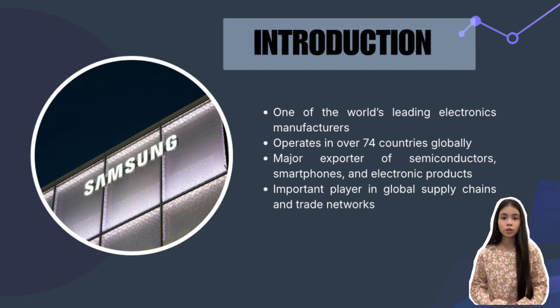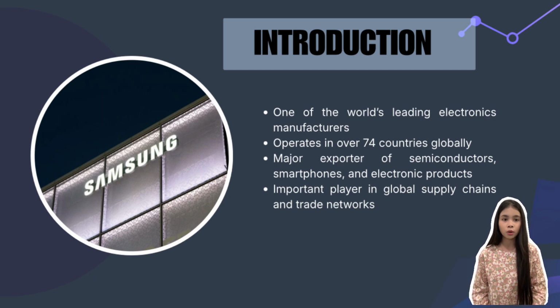Samsung is a global company that produces and sells electronic products such as smartphones, semiconductors, and home appliances. It operates in 74 countries and relies on a wide network of suppliers, factories, and customers around the world. Because its production materials and finished products move across different countries, Samsung is heavily involved in import and export activities.